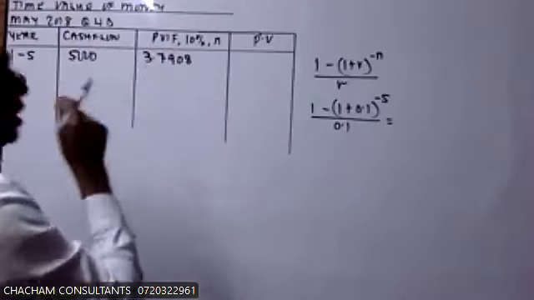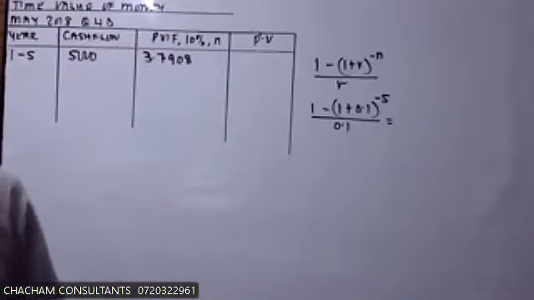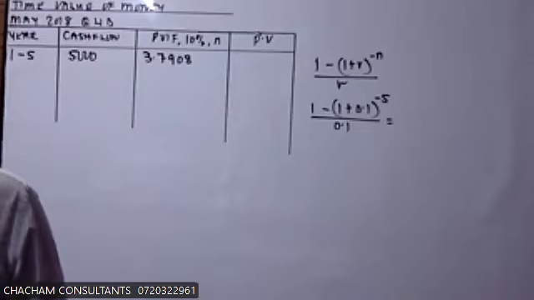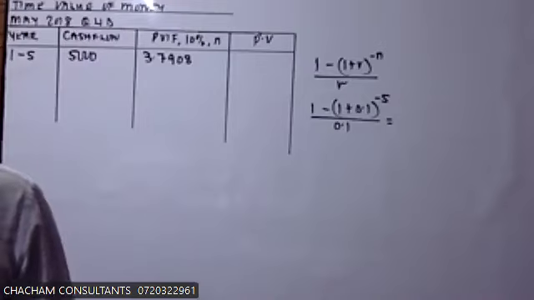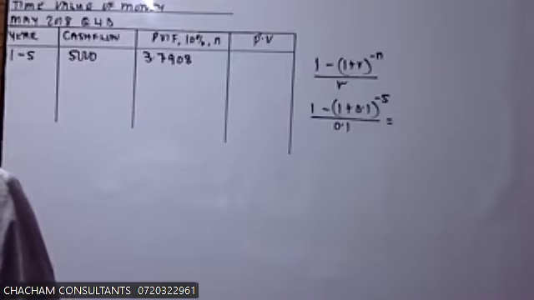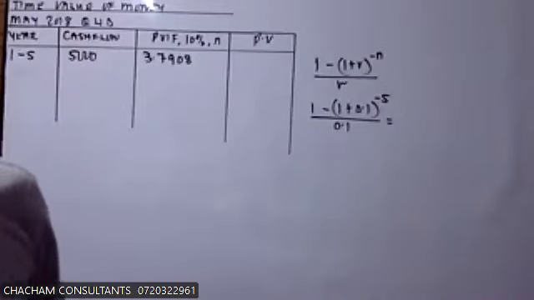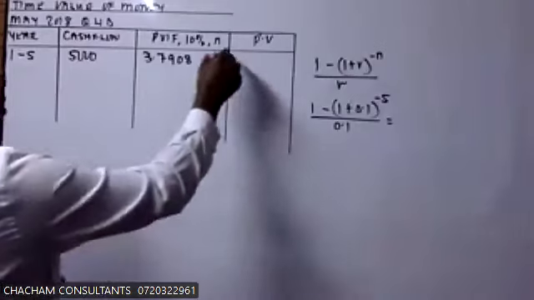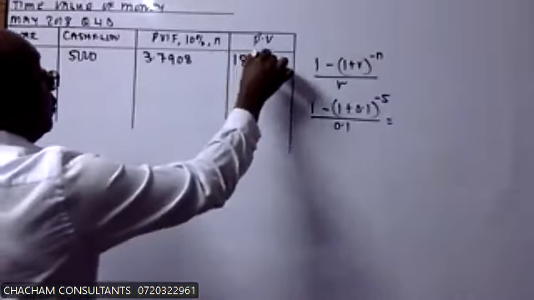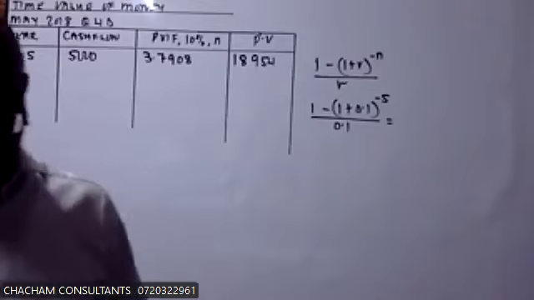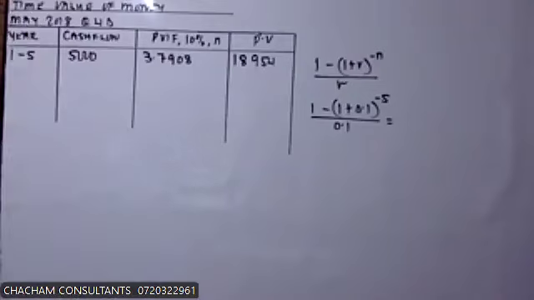So multiply by 5,000. Give me the present value. Yeah, 18,954. Then from there, we go to 6 to 10.